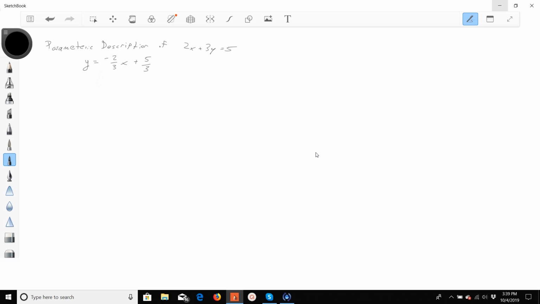Okay, there are many possible parametric representations that we can use for this function here, but usually the simplest of examples is to just let x be equal to t, and then y be equal to negative 2/3 t plus 5/3.